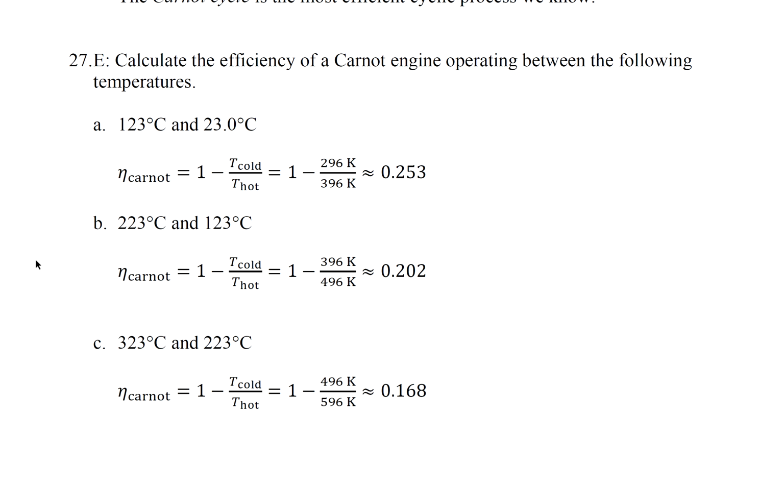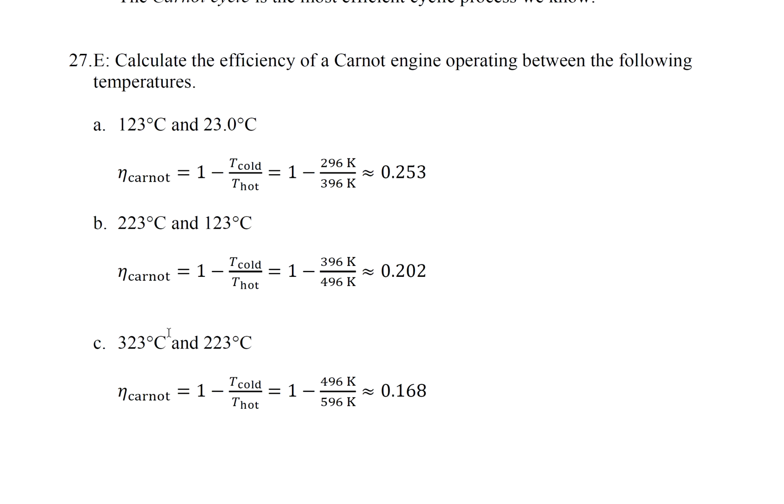Question 27. Calculate the efficiency of a Carnot engine operating between the following temperatures. So you could see the difference between A, B, and C, the change in temperature is only 100 degrees Kelvin or 100 degrees Celsius.